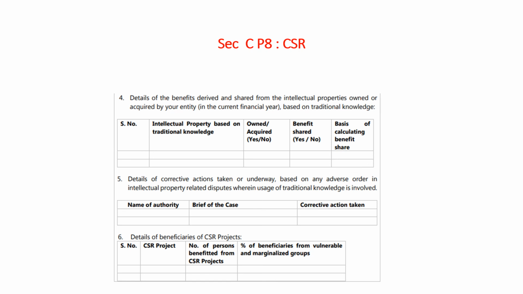Next is about beneficiaries of CSR project. What is the project name, number of people, and what is the percentage of beneficiaries from the vulnerable and marginalized people. Basically they are checking whether you are assisting in the upliftment of vulnerable and marginalized groups.